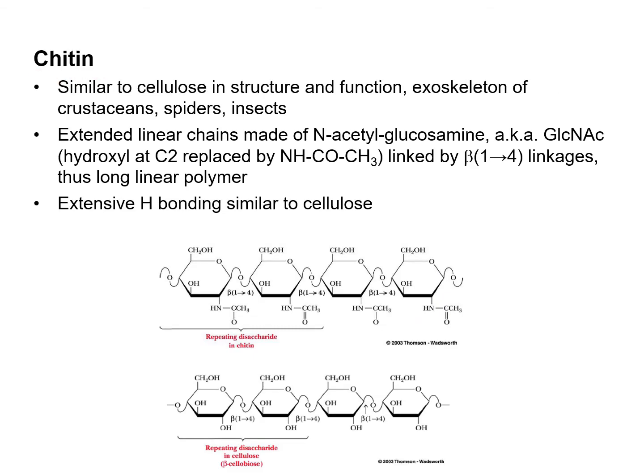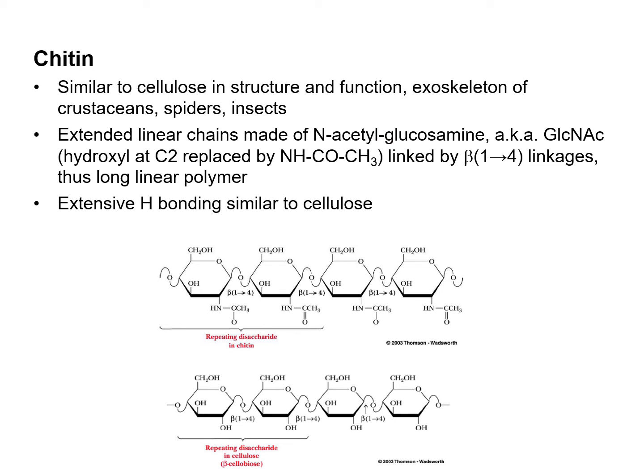Chitin, another structural polysaccharide, is similar to cellulose in its structure and function, and it is used a lot in the exoskeletons of crustaceans, spiders, insects, and so on. Chitin has extended linear chains made of N-acetylglucosamine. It's also called GlcNAc; Glc is from glucosamine, and NAc is from N-acetyl.